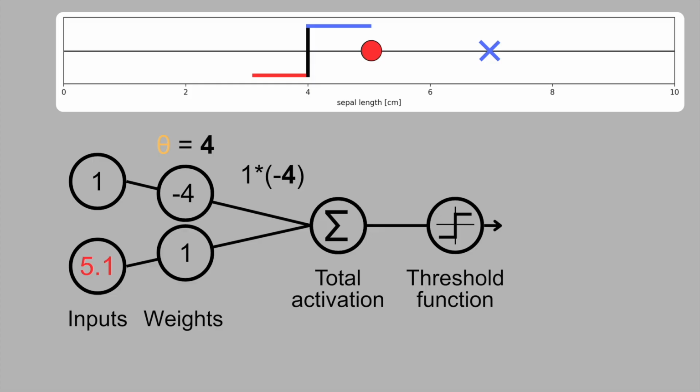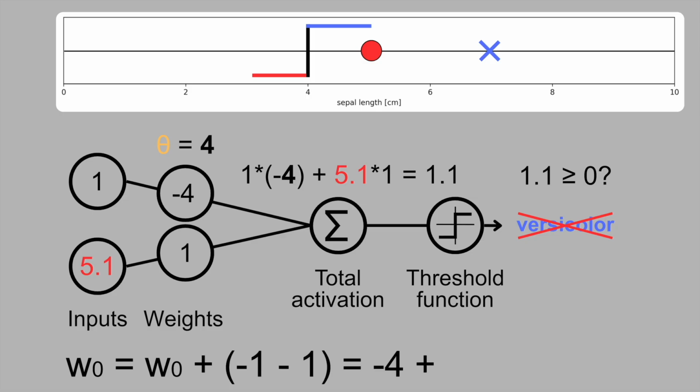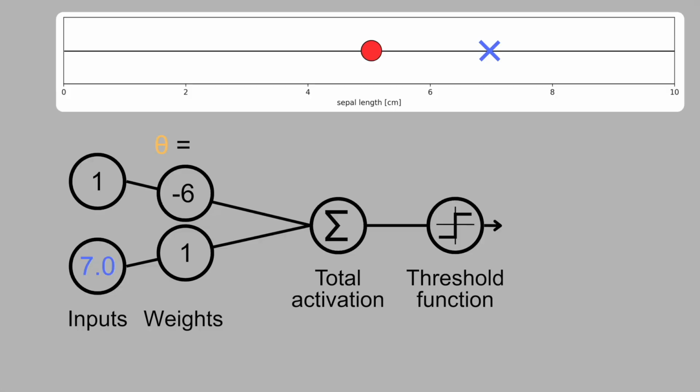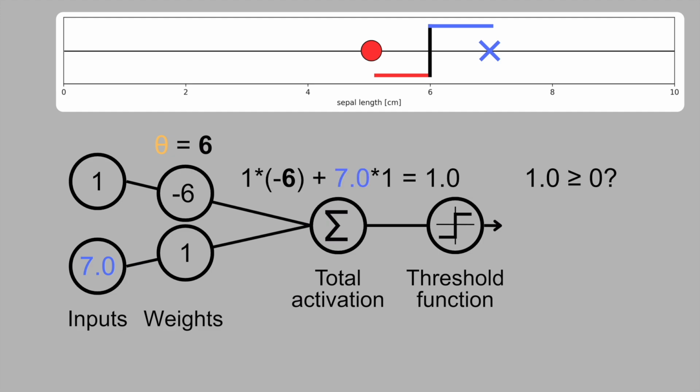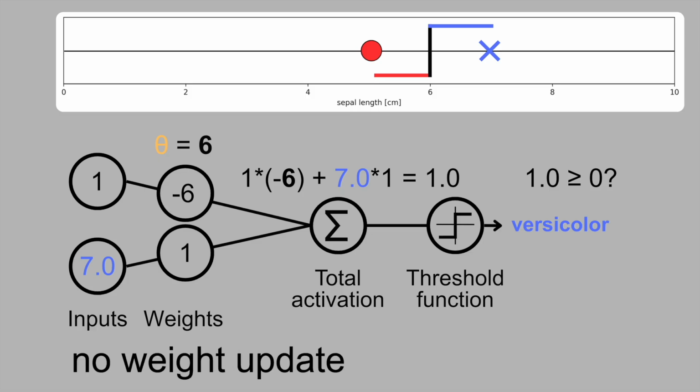For the setosa, even if the boundary was moved, we have to update the W0, and it moves the boundary to the right again. So for the last iteration, or so-called epoch, the boundary is set to 6, and for the versicolor, as always, the perceptron classifies it right.